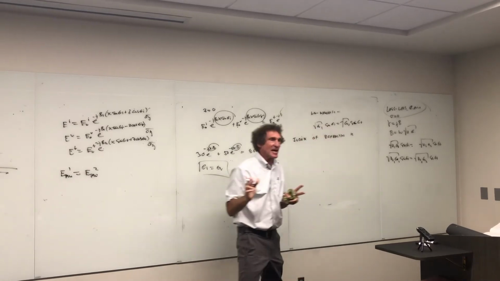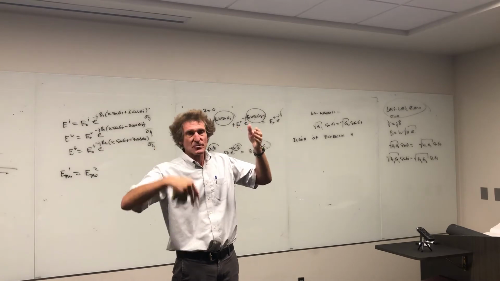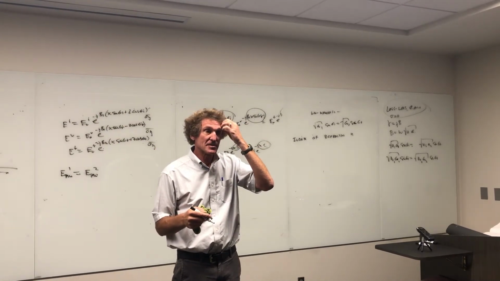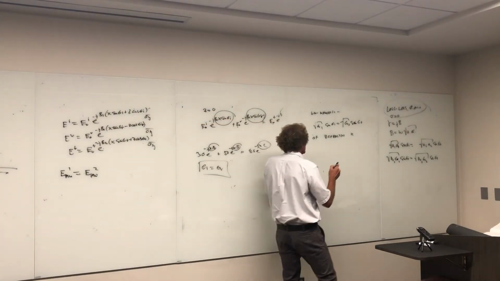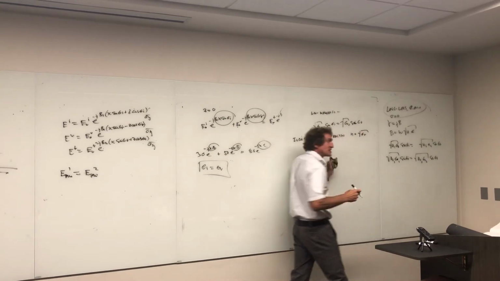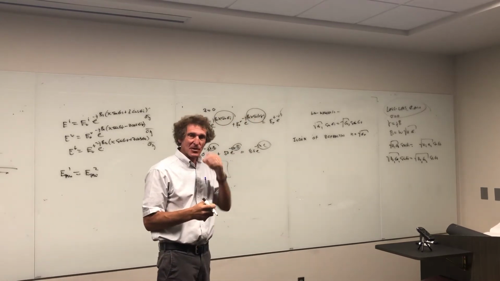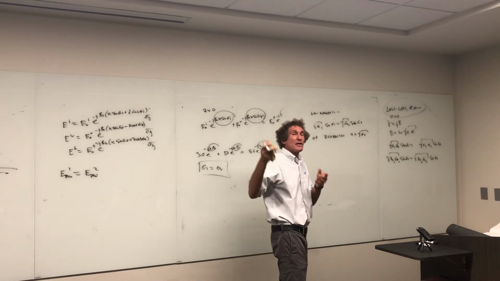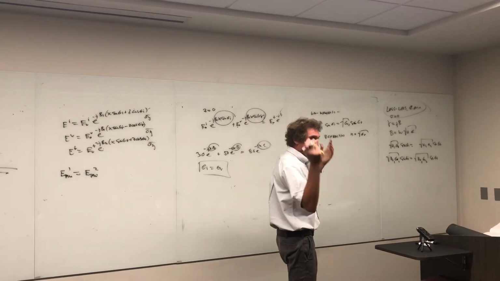It's not script, and I hate that symbol, by the way, because I can't differentiate it from my etas, which are the square roots of mu over epsilon for losses. N, the index of refraction, is just equal to the square root of epsilon relative in the region, which causes me some problems. I've got to be real careful. It has values like 1, 1.5, 2, 2.5, small values. Not 8, 125, stuff like that.